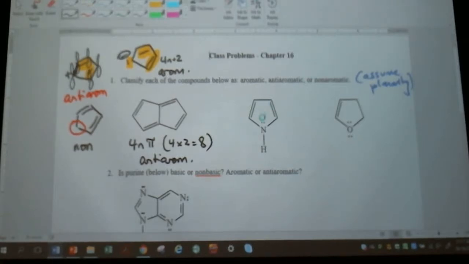Okay, this one, aromatic. We have 6 pi electrons in a ring with continuous p orbitals. This is aromatic. And this one would be non-aromatic because these are sp2 carbons. We don't have a continuous array of p orbitals.